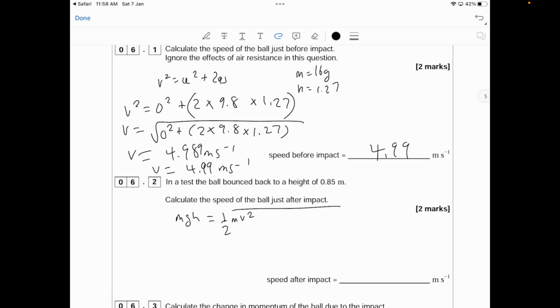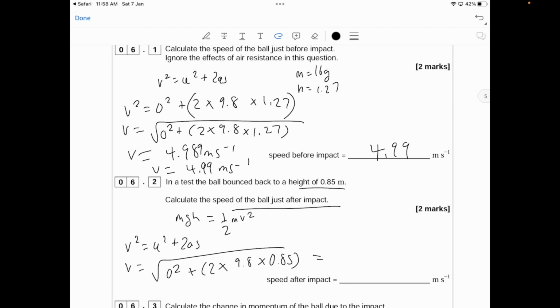If you look closely, the ball bounced back with a height of 0.85, so we don't need to use this formula. We can use the same formula again: v squared is equivalent to u squared plus 2as. So v is equivalent to the square root of 0 squared, since the initial velocity is 0, plus 2 times the acceleration 9.8 times the height, which is 0.85.